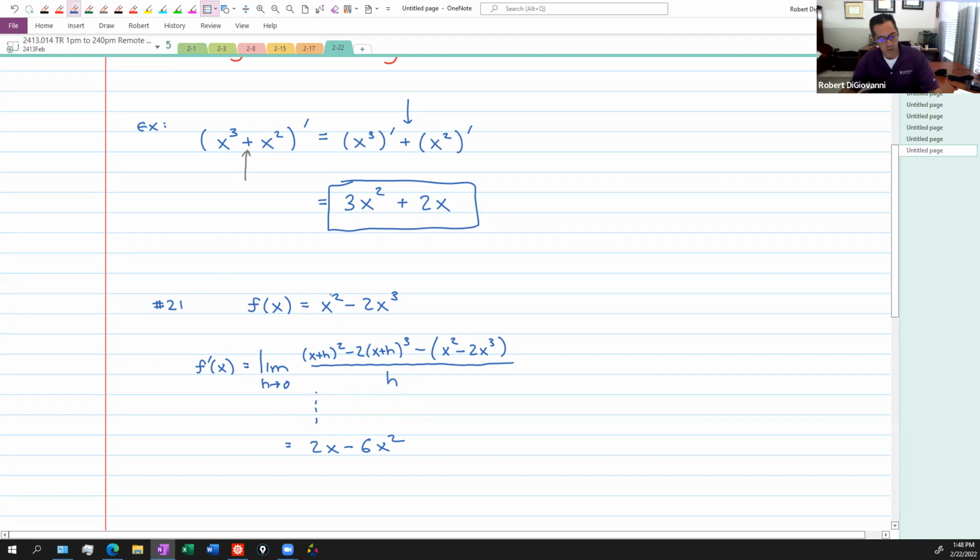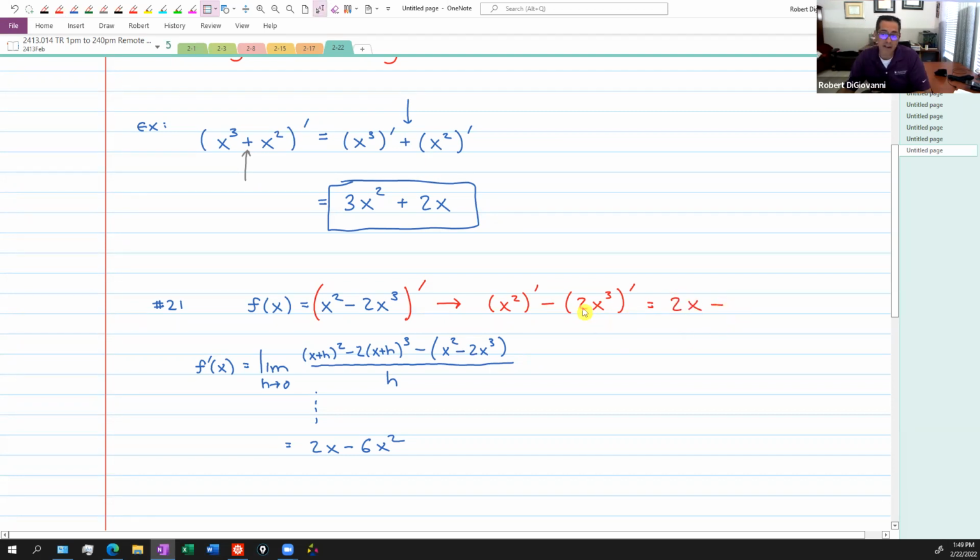According to the rule, what we're really trying to do is take the derivative of these two things being subtracted. So the rule today tells me I can take the derivative of x squared, then subtract from it the derivative of 2x cubed. The derivative of x squared is 2x, and then I have a minus sign.